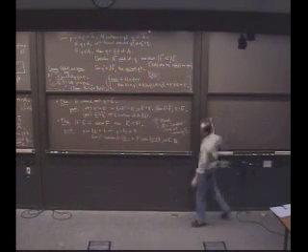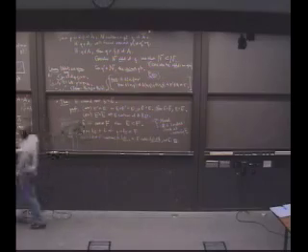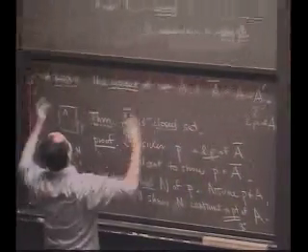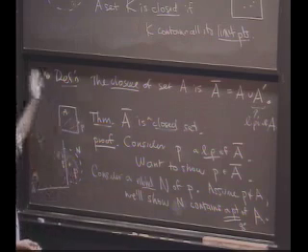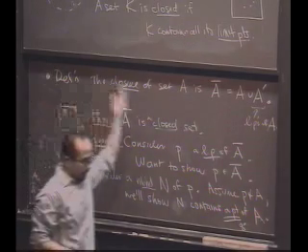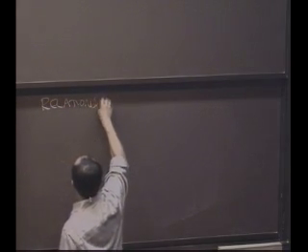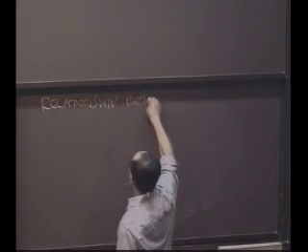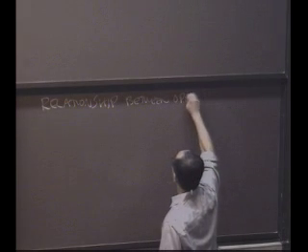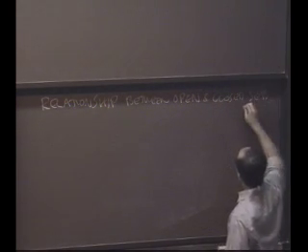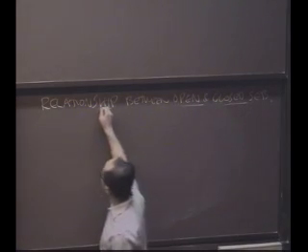What is the relationship? We have this rather curious definition for open, curious definition for closed. They don't really seem all that related, and yet I claim there's an intimate relationship between open sets and closed sets. So what's the relationship?